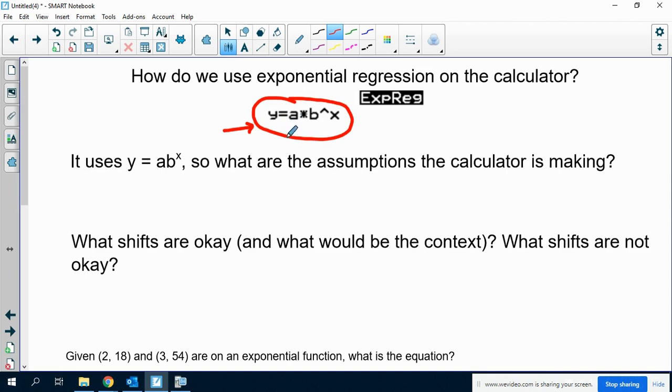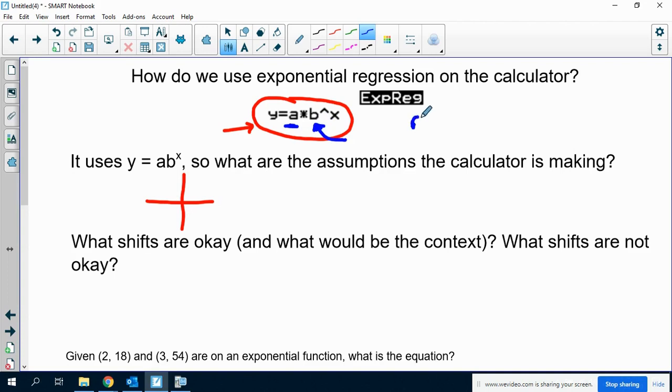So the calculator is actually making some assumptions about the graph, and it's important that we discuss them real briefly just to make sure that we don't make any mistakes. A represents the initial condition, and then B is our growth constant, basically.